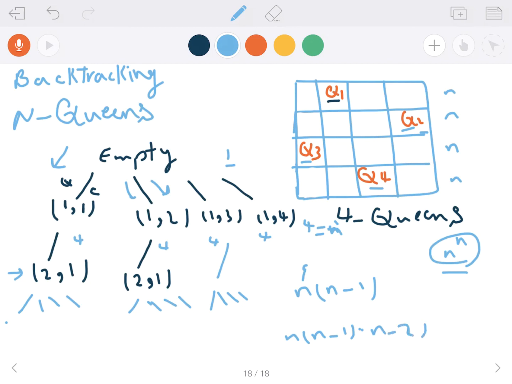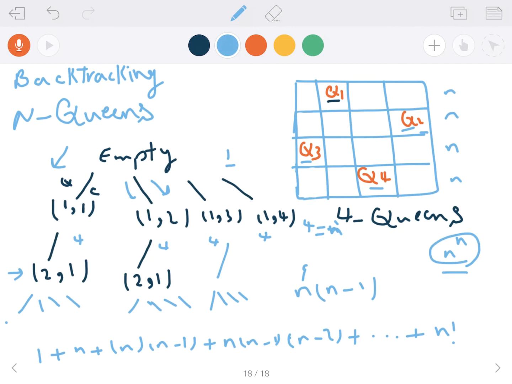At the end, if you sum all the nodes together, it's going to be 1 plus n plus n times n minus 1 plus n times n minus 1 times n minus 2, and so on until n times n minus 1 times n minus 2 and so on, which will be n factorial.